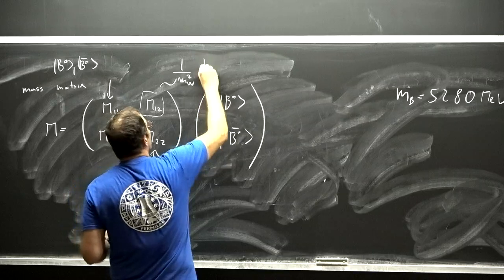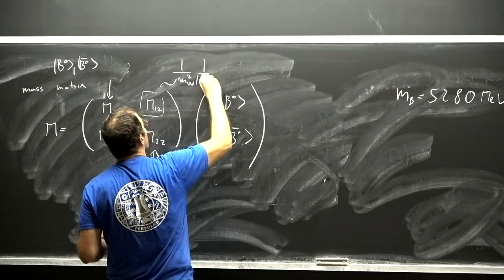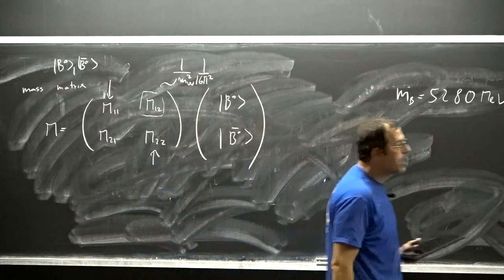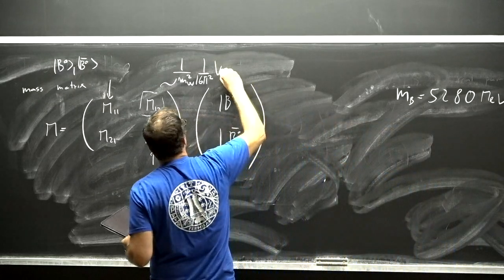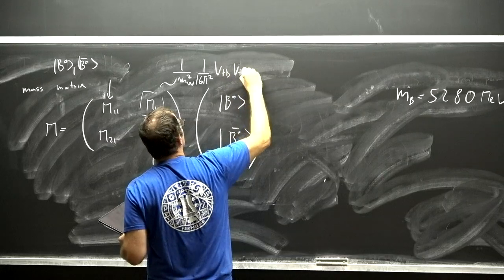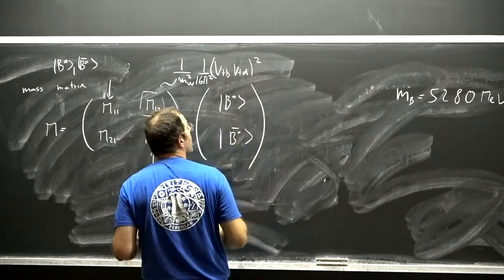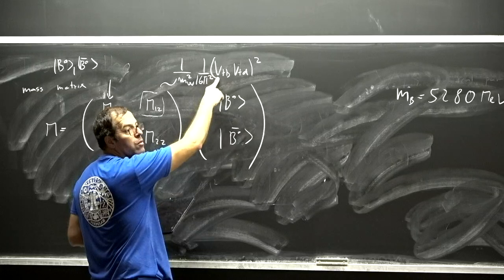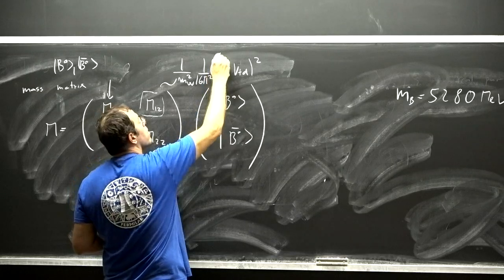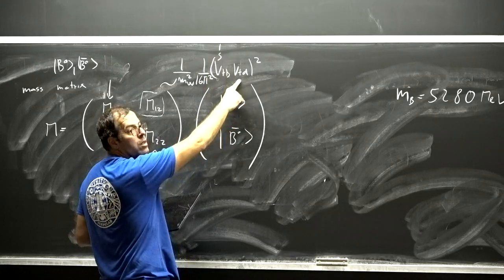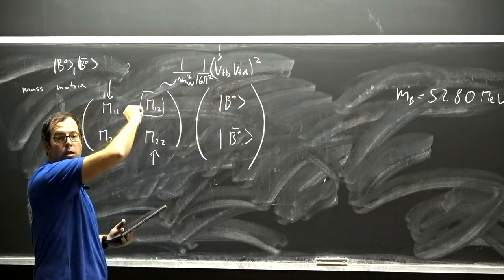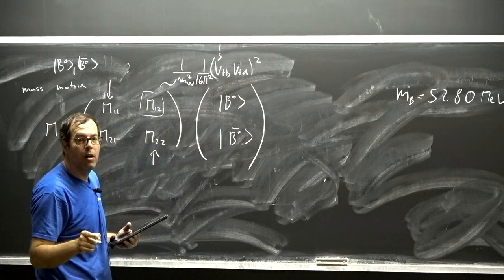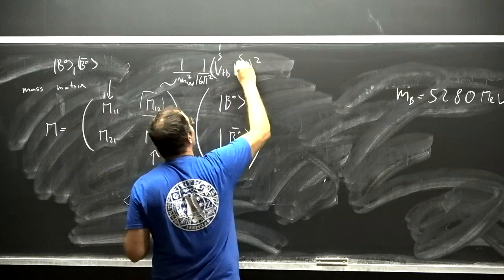It has a loop factor. There are CKM elements sitting here, so there's VTB, VTD squared. In terms of the Wolfenstein parameters, this one is of order 1, and this one is third to first, so very small, lambda cubed.